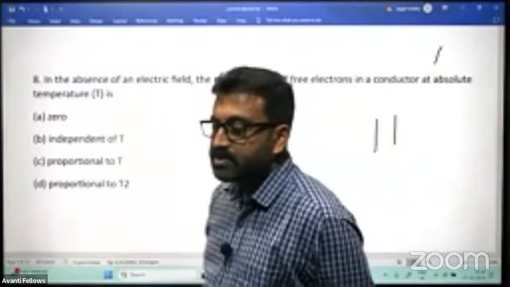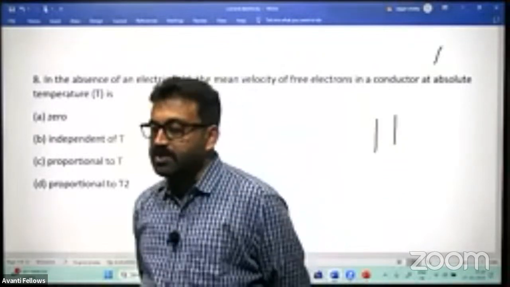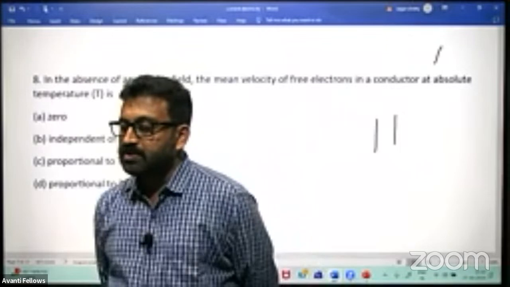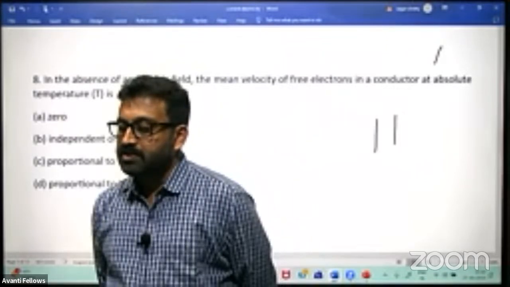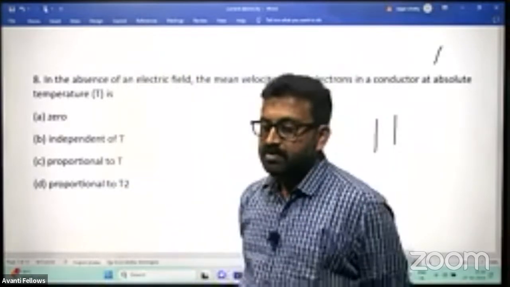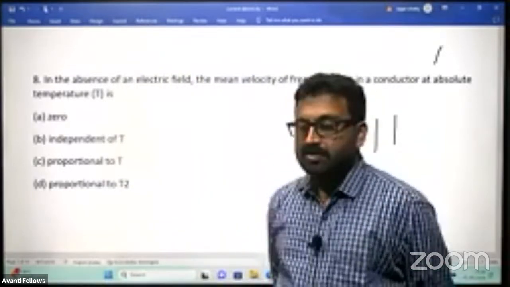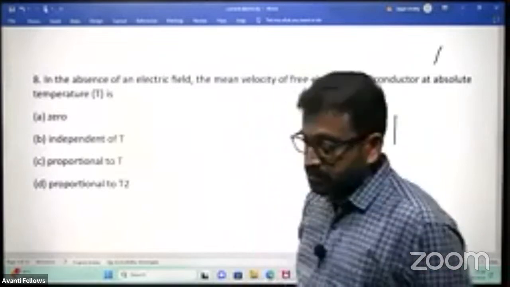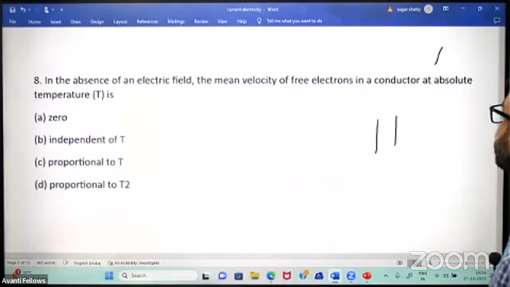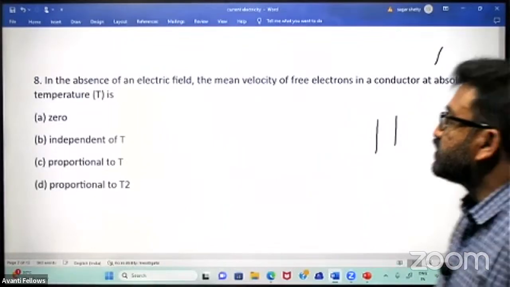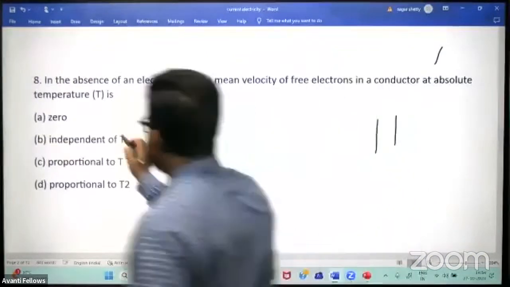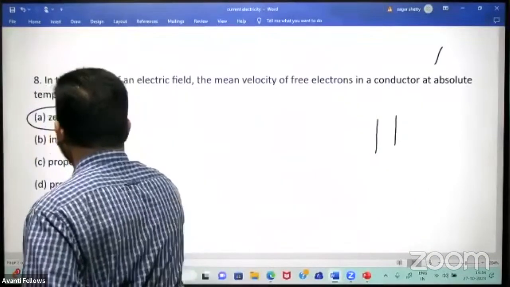Correct option? Okay, question number 8. In the absence of electric field, the mean velocity of free electrons in a conductor at absolute temperature is, obviously, 0.